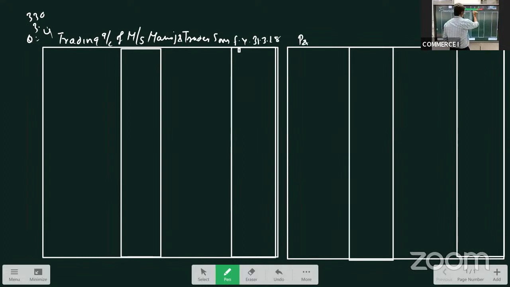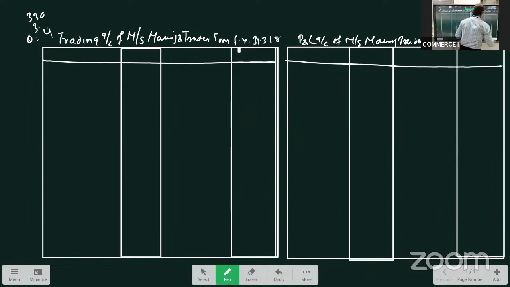Similarly, profit and loss account of Messrs. Manoj Traders and Sons for the year ended on, right? Particulars amount. The format remains the same. Particulars amount. Okay. Shall we?